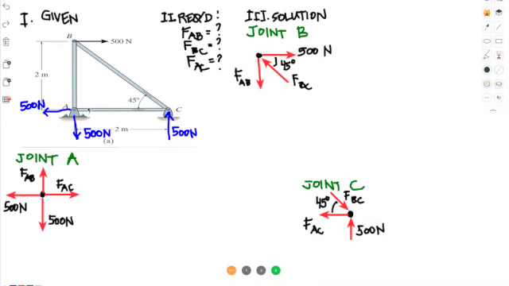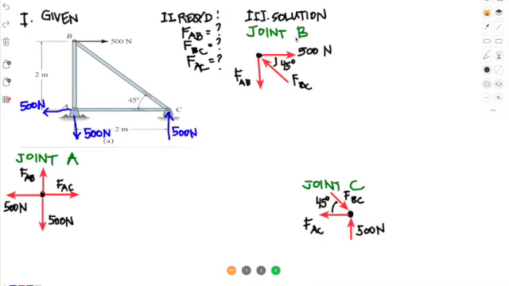But this time, since we're going joint by joint, we'll only be using summation of forces in X and Y, no summation of moments. So what do we want to find out? The forces in each member: we have member AC, AB, and member BC. So we have 3 members. We need to determine the forces there as well as their nature, whether they are tensile or compressive.